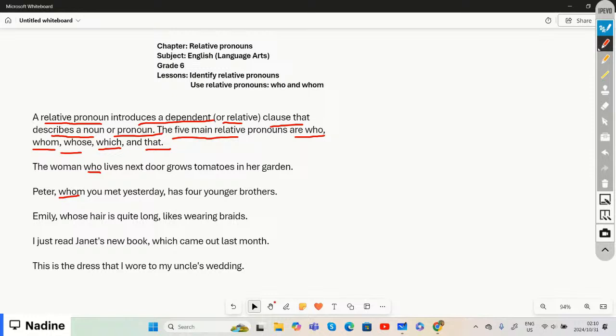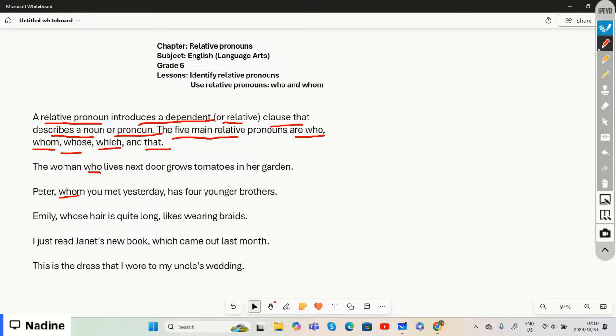So we use whom: Peter, whom you, not who you, whom you met yesterday, has four younger brothers.